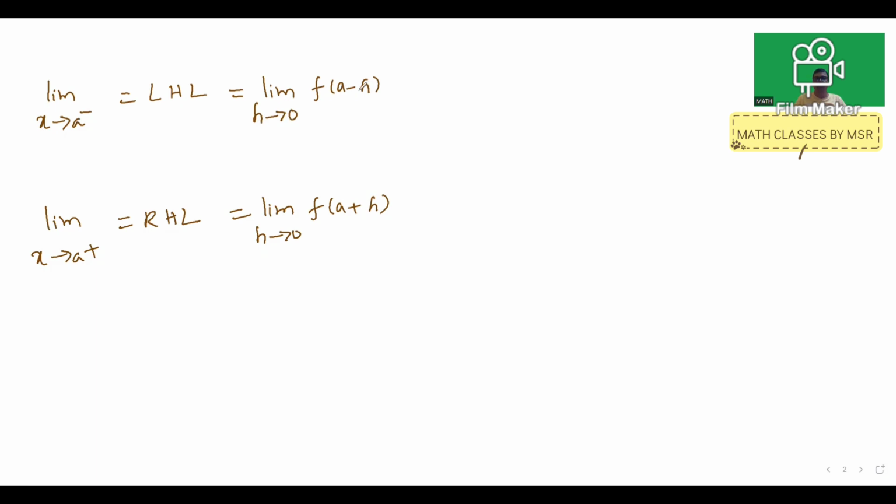Then limit of f of a minus h is the notation we use for the left hand limit, and limit of f of a plus h is the notation we use for the right hand limit. While solving problems, we use these to find the left hand limit and right hand limit. Let us continue solving problems based on this.